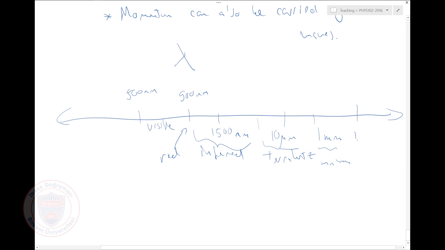What happens if you go to around 1 centimeter range? You know, there are some devices which most of you use, which use radiation at 1 centimeter. Microwave ovens, your microwave ovens are 1 centimeter, maybe 3 centimeters, okay? So this is called the microwaves.